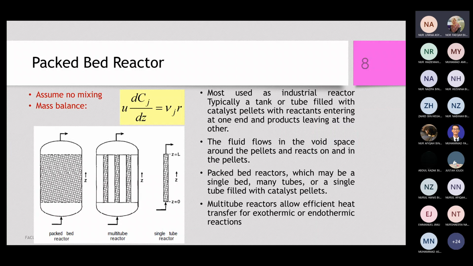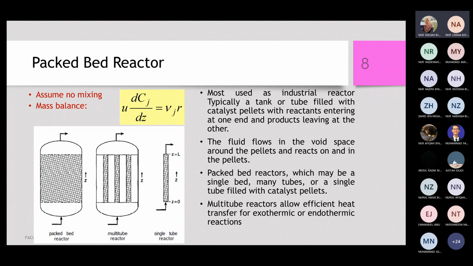Now, okay, we will look at the mole balance equation and the concept of the reactor. First, we look at the packed bed reactor. The mole balance equation and the assumptions, we will look at later.